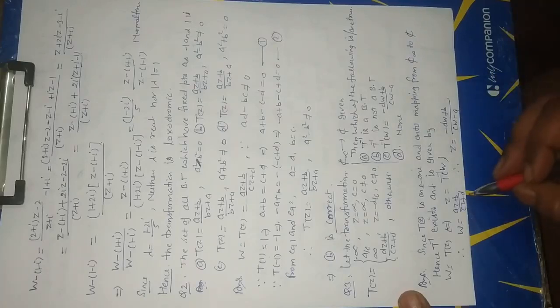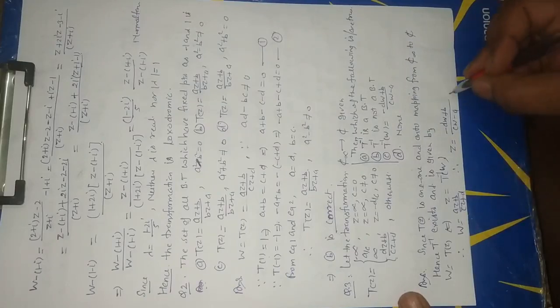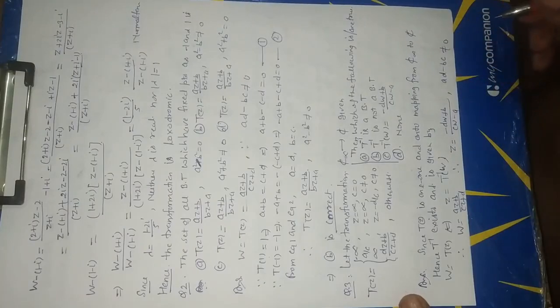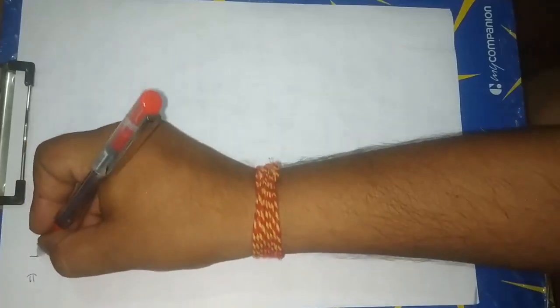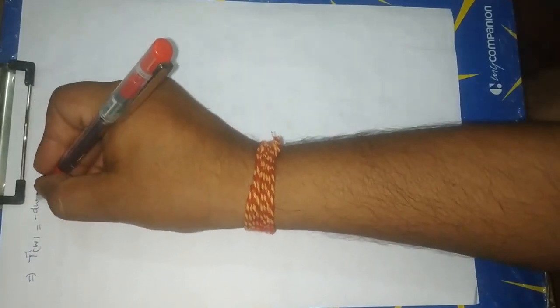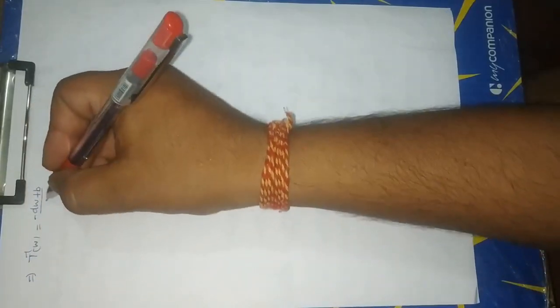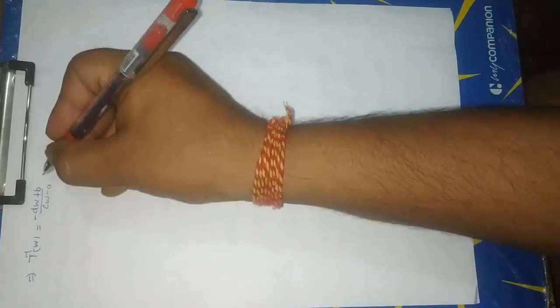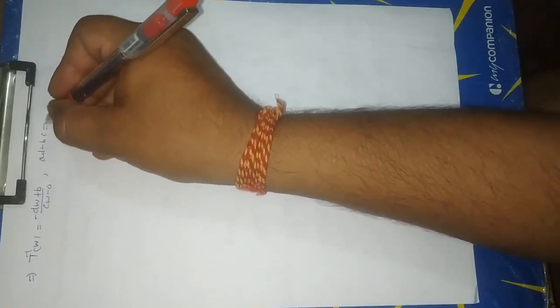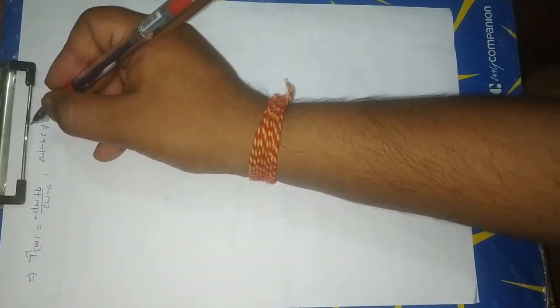Now here ad - bc is not equal to 0. Therefore, this is the same procedure. Implies T inverse of W = (-dW + b)/(cW - a), where ad - bc is not equal to 0.